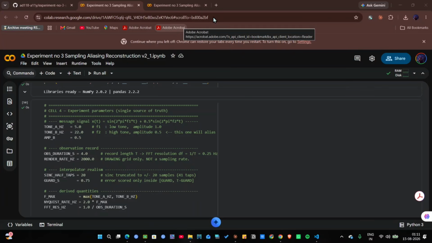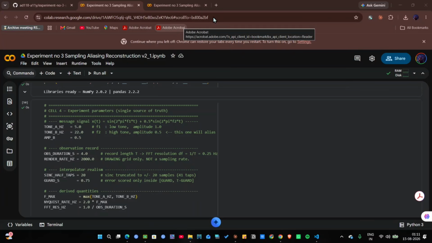If Fs is too low, we get aliasing, where high frequencies incorrectly appear as lower ones, making reconstruction impossible. No receiver can undo this. The imposter frequency is indistinguishable from a genuine tone at F alias.